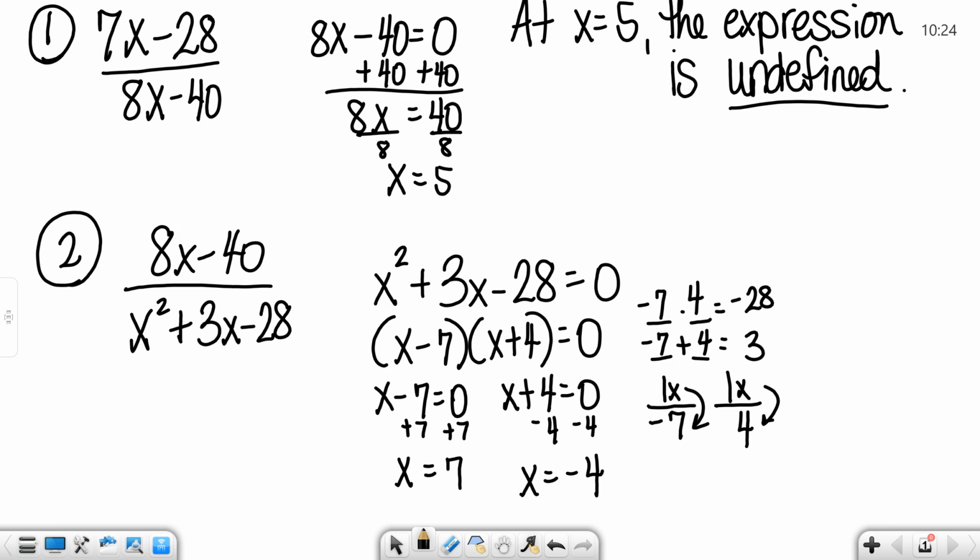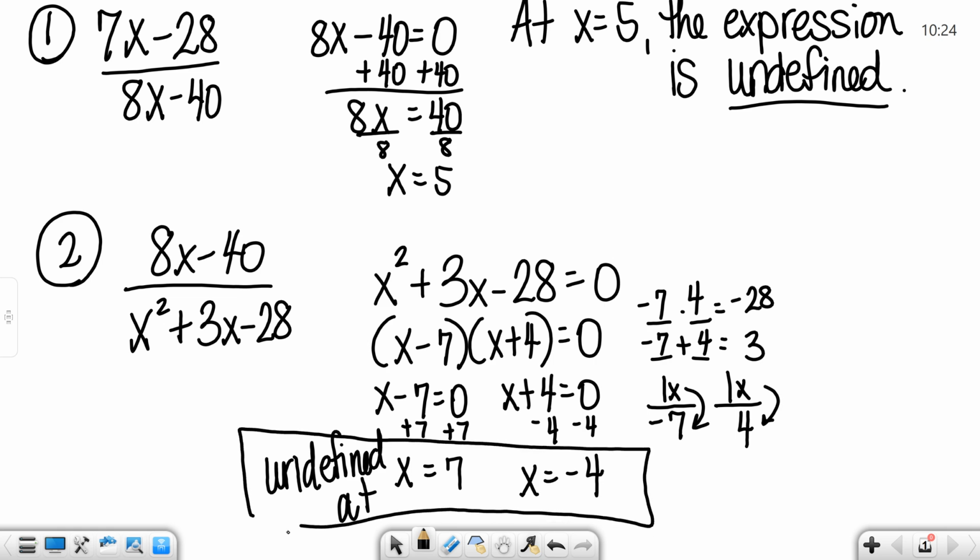Now, these are the places where the expression is undefined. Undefined at x equals 7 and x equals negative 4. It is undefined there. There is a big difference in deciding where it is undefined and solving. They are different questions.